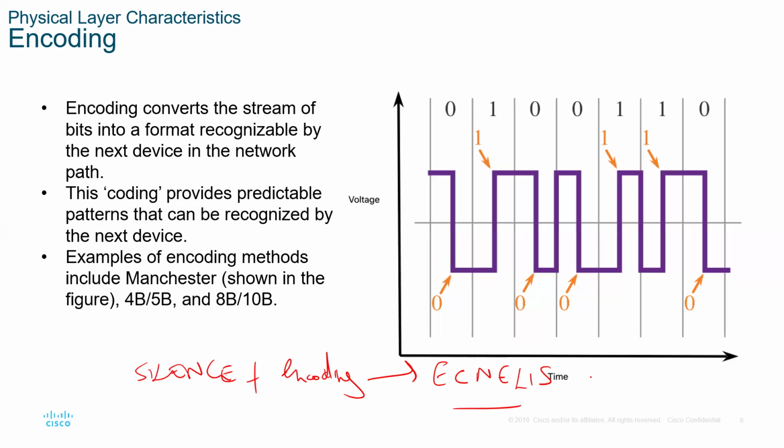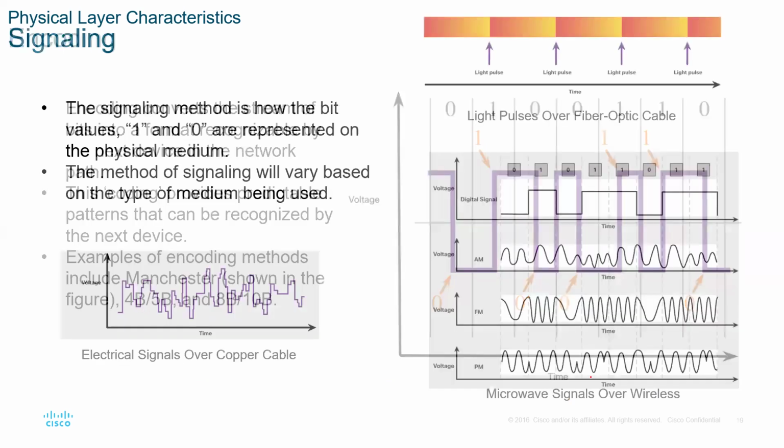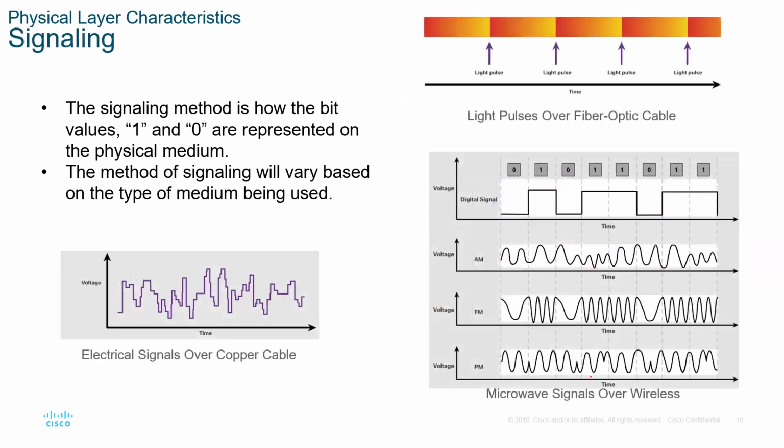So some of all those things are being done in the physical layer, right? Signaling. When you talk of signaling, this signaling method is how the bit values 1 and 0 are represented on the physical medium. So basically, signaling refers to the methods used to represent and transmit data.